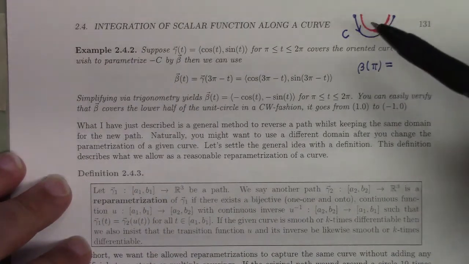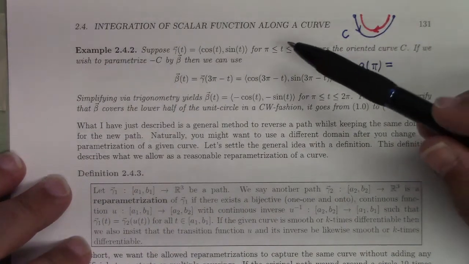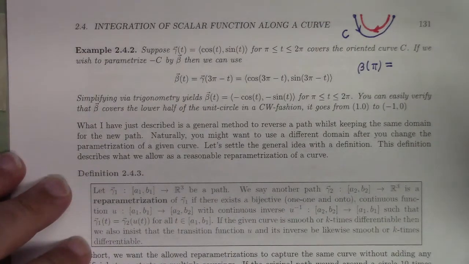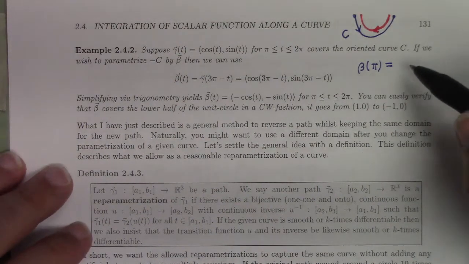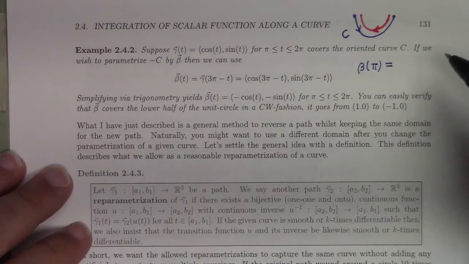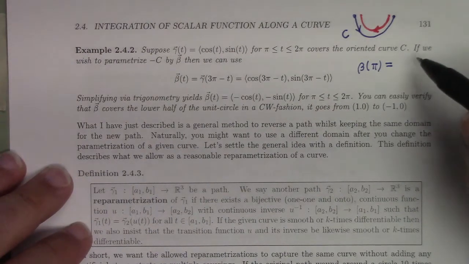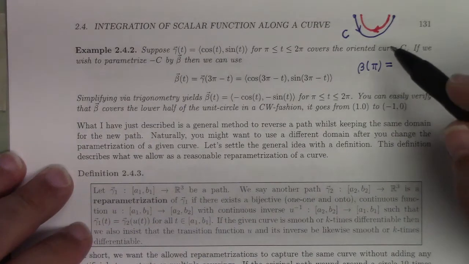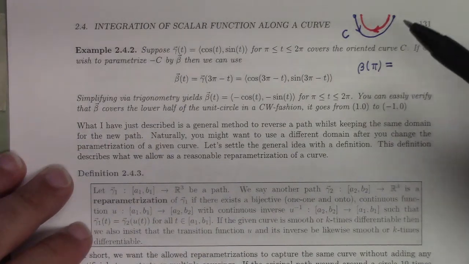Sometimes I'm making the same domain for the curve and its reversal. But if you read my definition of reparameterization down here, I'm not assuming that they have to share the same domain. So I think there's a couple different ways you could go here, and I think I have dabbled a little bit in both worlds, is a way to put it kindly.